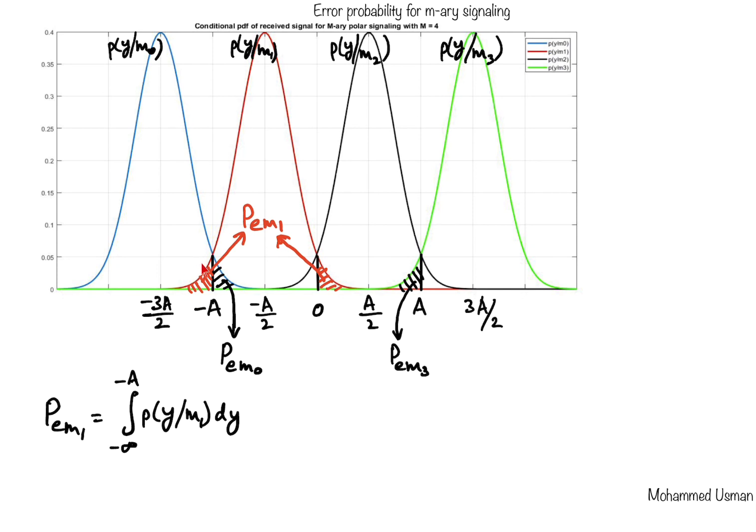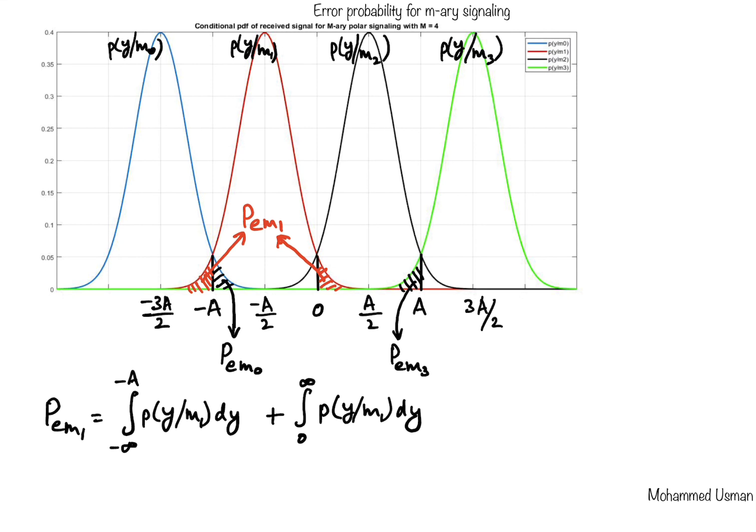So that is this area to the left hand side, this shaded area here, and then to that we add the second area, which is from 0 to infinity under this PDF, P of y given M1, P of y on the condition M1 is transmitted, dy.